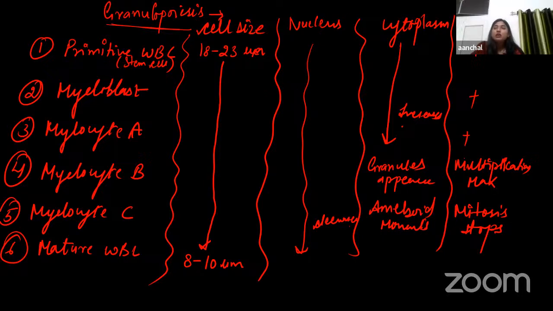As the size of the nucleus decreases, the size of the cytoplasm will increase. In myelocyte B, there will be appearance of granules. In myelocyte C, the amoeboid movement is shown by the WBC. Talking about the division, multiplication will be maximum in the stage of myelocyte B, and the mitosis will stop in myelocyte C. So this is all about the process of granulopoiesis, which occurs through these stages.